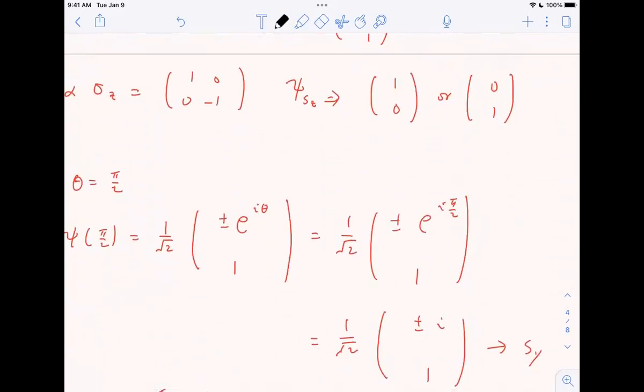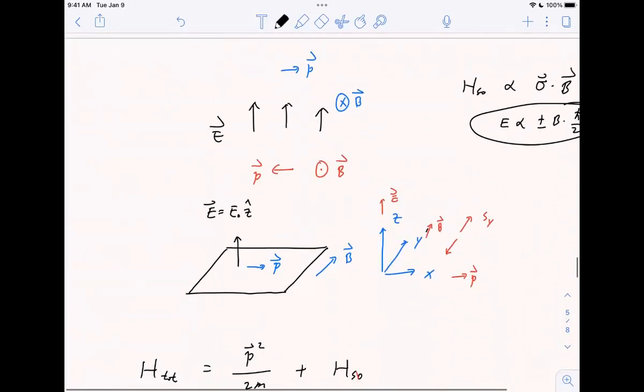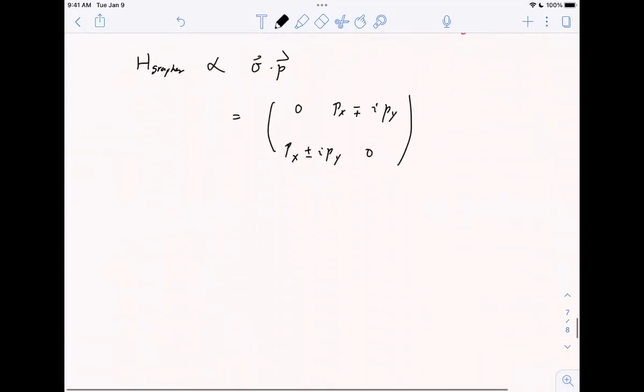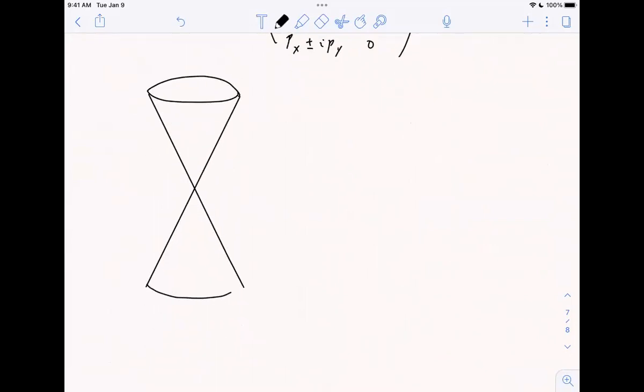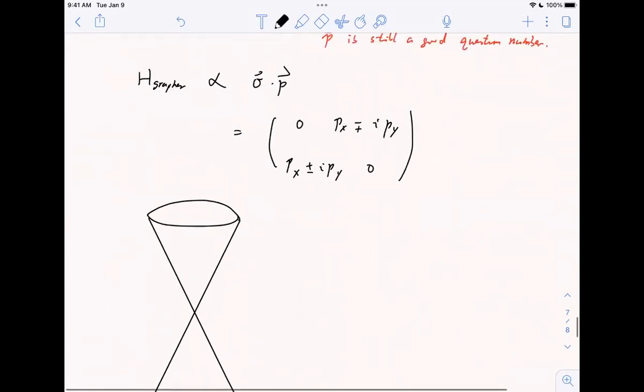We get the eigenfunction. If you plot it out for graphene, graphene has a cone like this. So the cone of graphene will be something like this. And here, because it's a dot, sigma x is related to px.